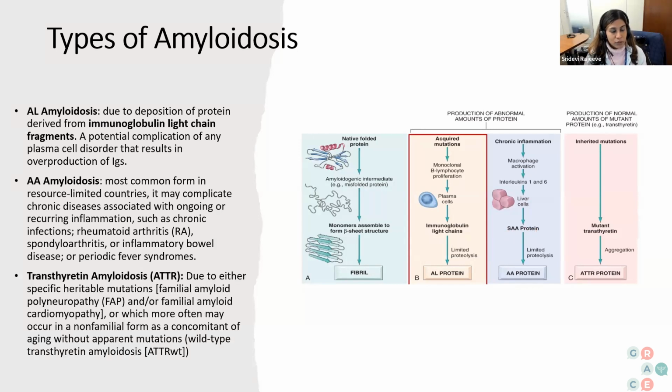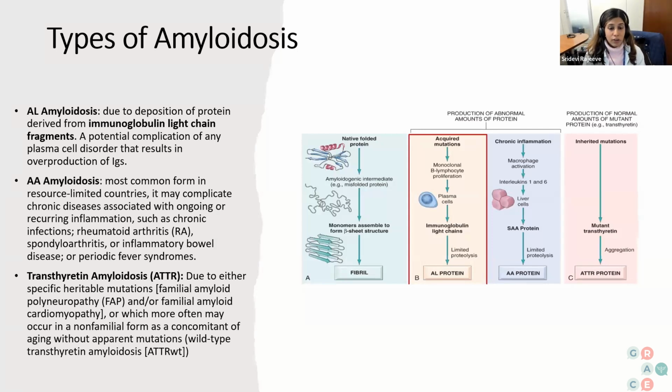The other type of amyloidosis that we talked about was transthyretin amyloidosis, or ATTR. ATTR can be due to mutations that are passed along in families, and that is called familial amyloidosis. It can manifest as a polyneuropathy syndrome called familial amyloid polyneuropathy, or as a cardiac disease called familial amyloid cardiomyopathy.